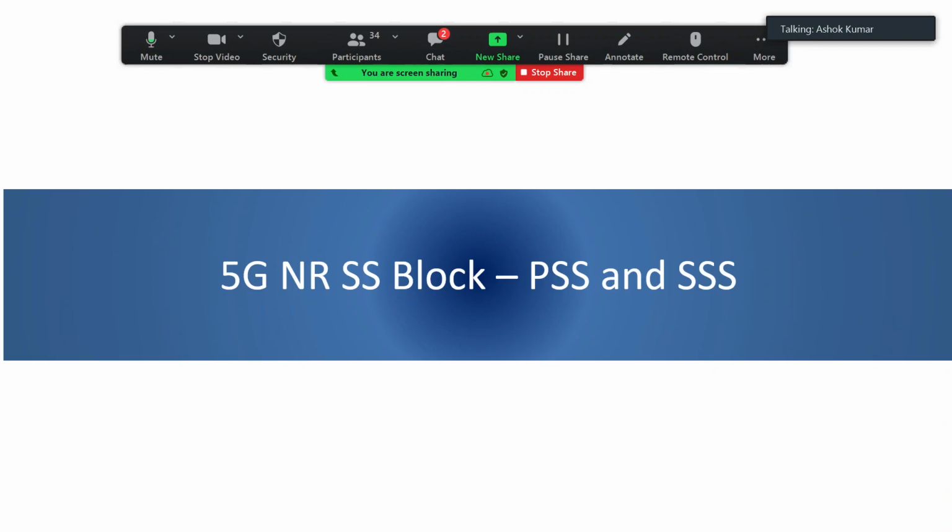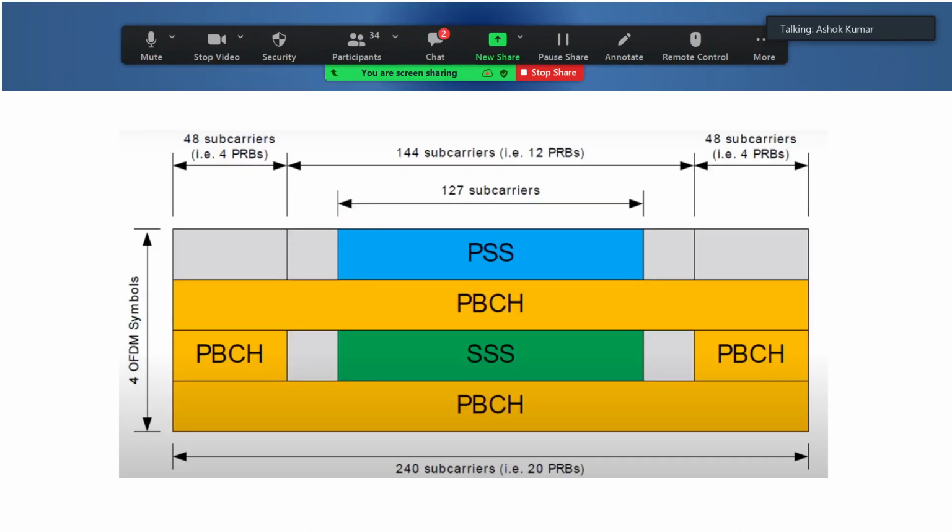So first, let us look at the SS block, synchronization signal block. There we'll discuss PSS and SSS, the primary synchronization signal and secondary synchronization signal. Let us look at synchronization signal in terms of frequency, how many subcarriers or resource blocks are required.